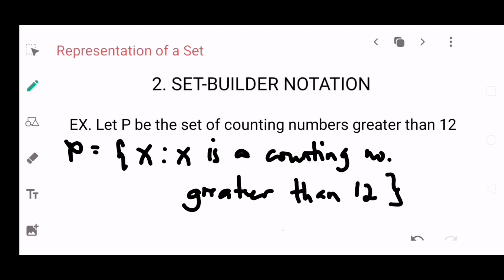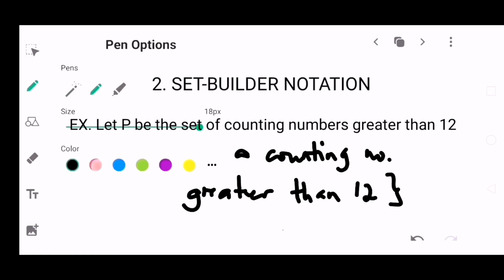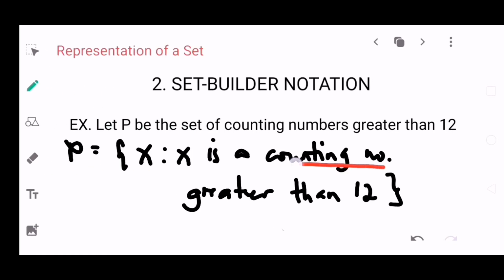Meaning to say, any number that will fall in your definition of x, which is a counting number greater than 12, is already included in your set P. And those elements are represented by x.